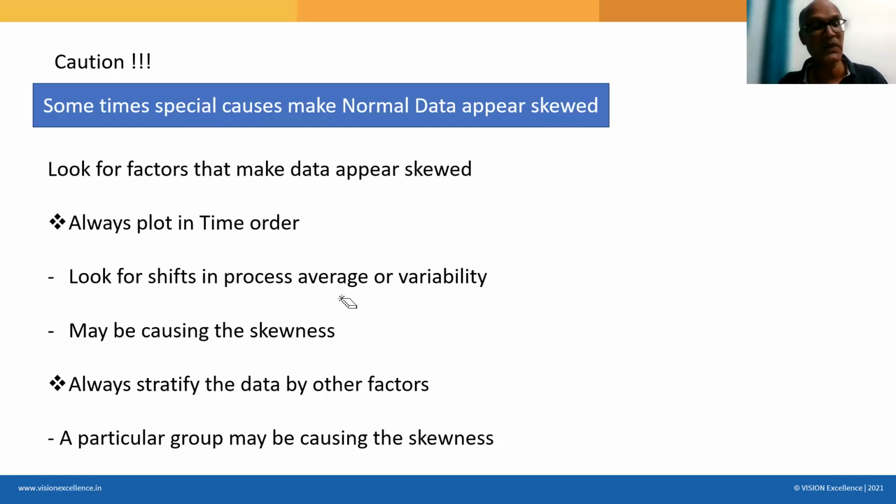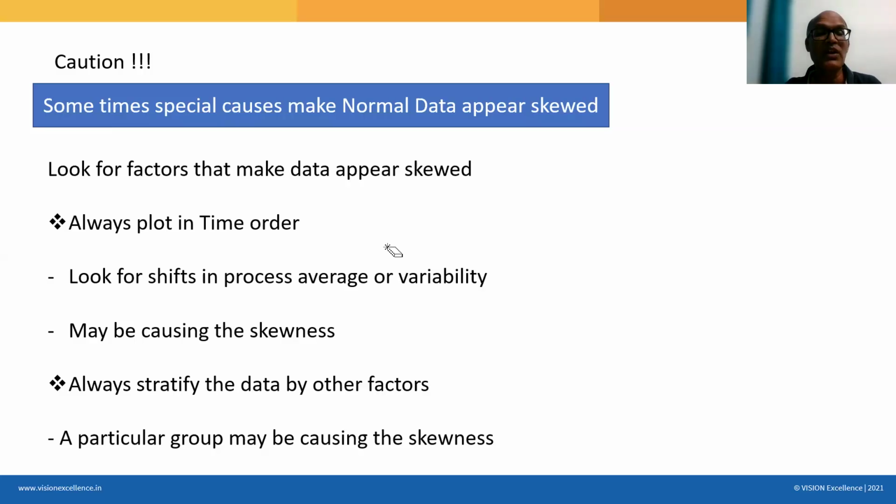If special causes are there, then it will be non-normal data, and you may have to remove some special points, out of control points. But it can happen that the data doesn't have any special causes, but still the data is skewed. So first of all, you have to try out all those things.